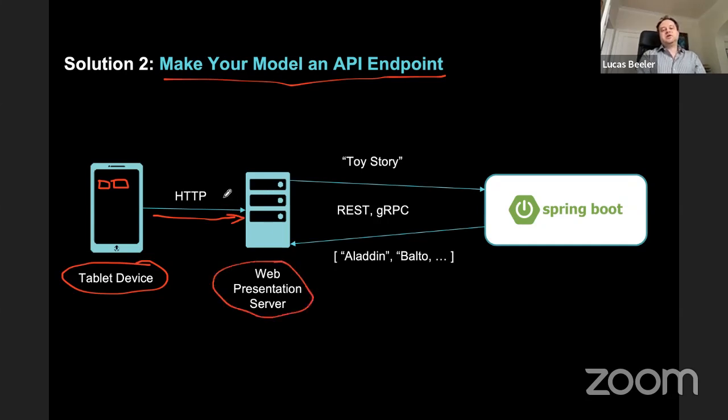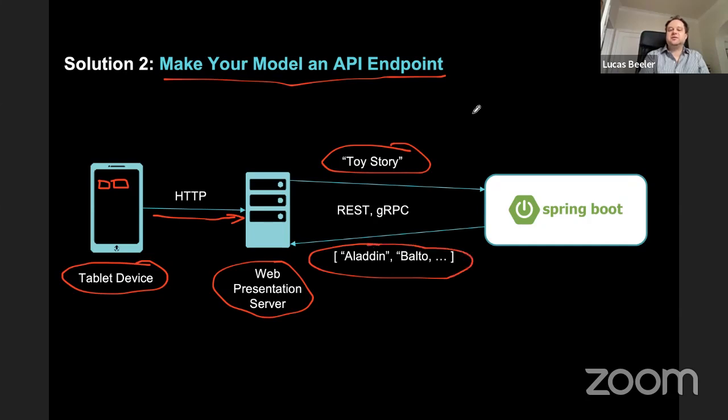That web presentation server, when it needs to make a decision about what film titles to show, would like to make a call to an API endpoint that encapsulates our movie recommendation engine. So it will make a call saying Toy Story. It will get back a list of similar movies if this is a known 5-star film for this particular user.